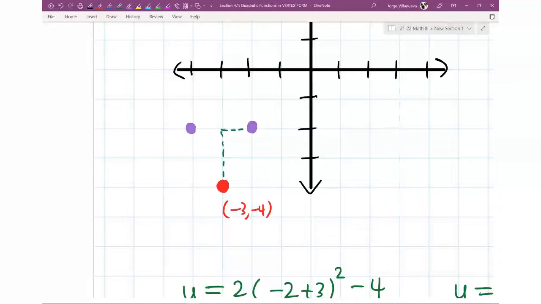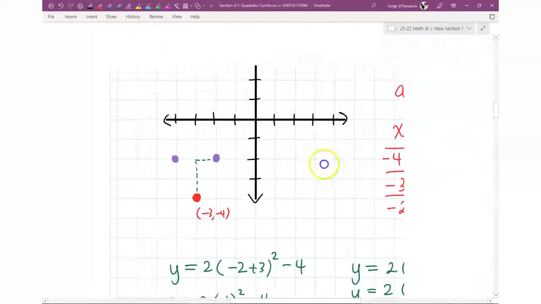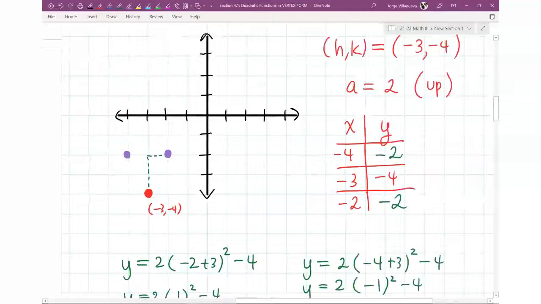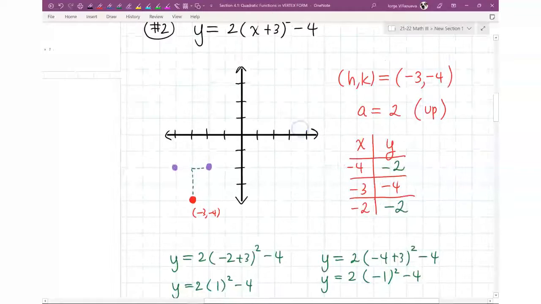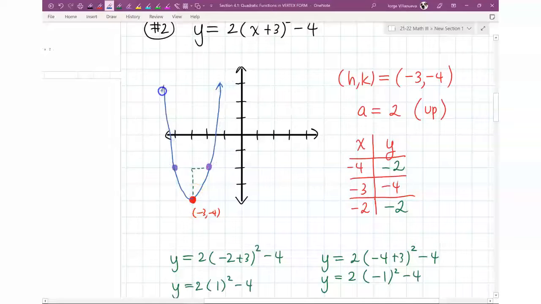What was my A term? My A term was 2 over 1, right? So you can use your A term to figure out your first 2 points. And once you have those first 2 points, you can just kind of draw your parabola. And you're done.